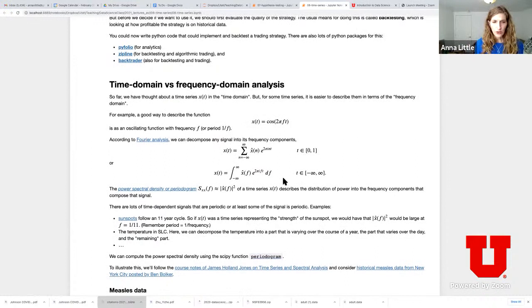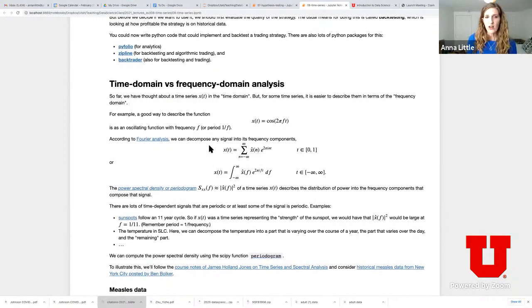Okay, according to Fourier analysis, we can actually decompose any signal into its frequency components. So if you take a signal that's defined on a finite interval like 0, 1 or 0, pi, you can write it as a Fourier series.